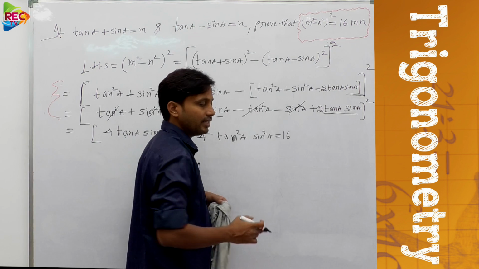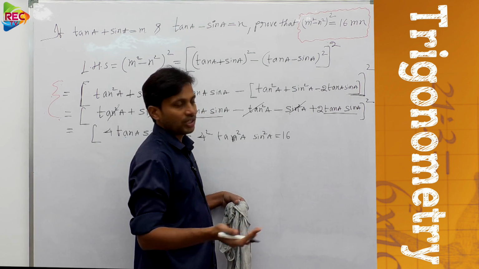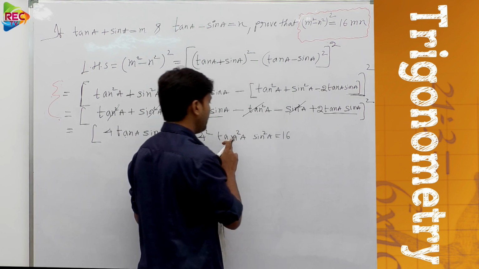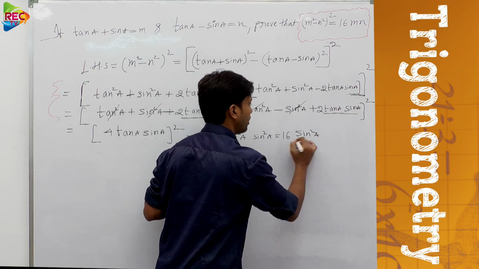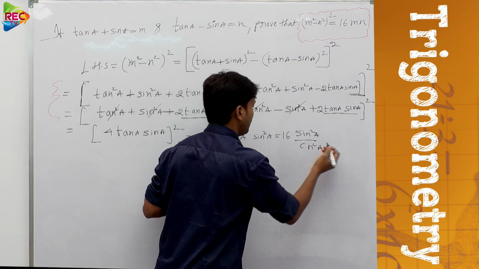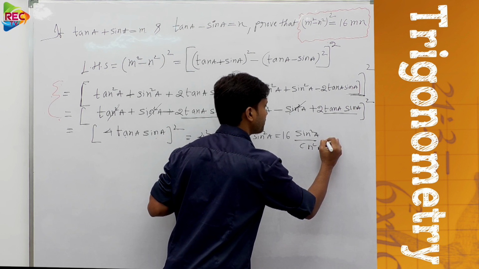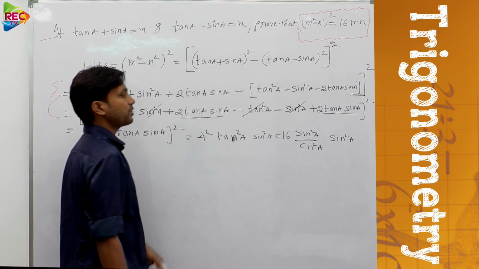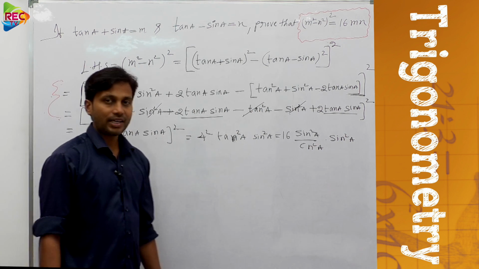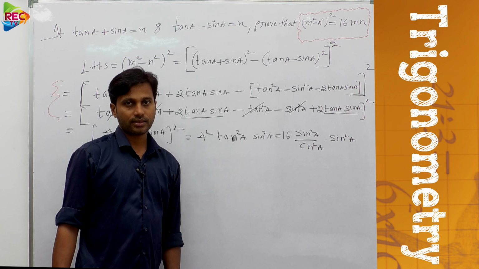So what is tan a? It's the ratio of sin a to cos a. So what is that? Sin a by cos a whole square. That means sin square a by cos square a into sin square a. For my convenience, I wrote it like that.